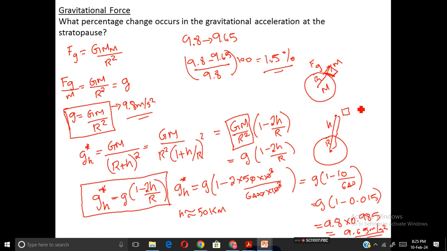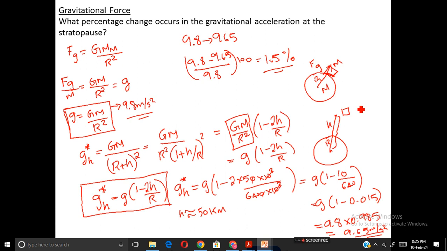If you want to see a considerable change in the acceleration due to gravity, the height we are talking about should be close to the radius of the Earth. The radius of the Earth is 6,400 kilometers, right? And the atmosphere is hardly 80 kilometers or so. So the radius of the Earth is much higher compared to the atmospheric height.